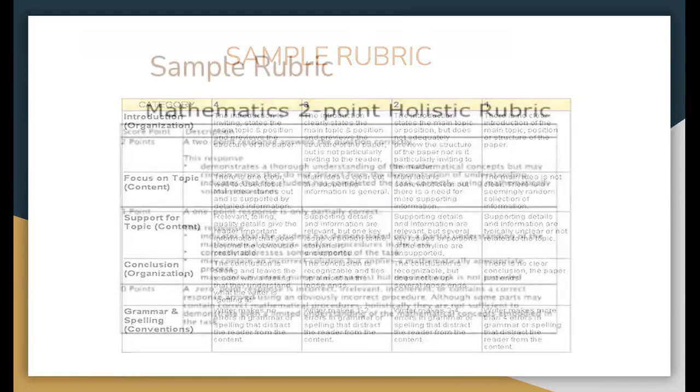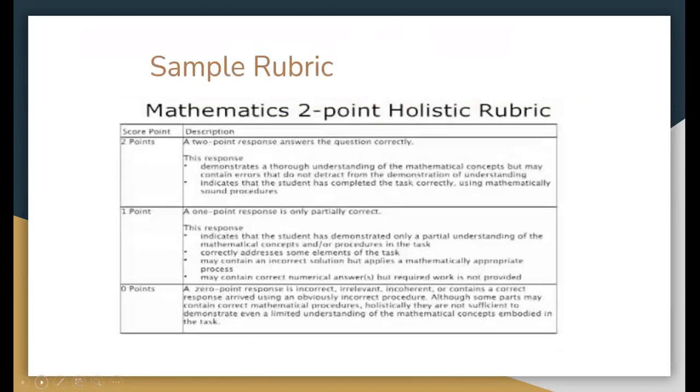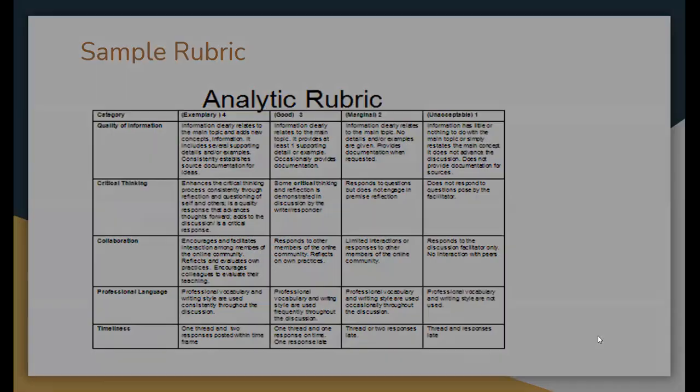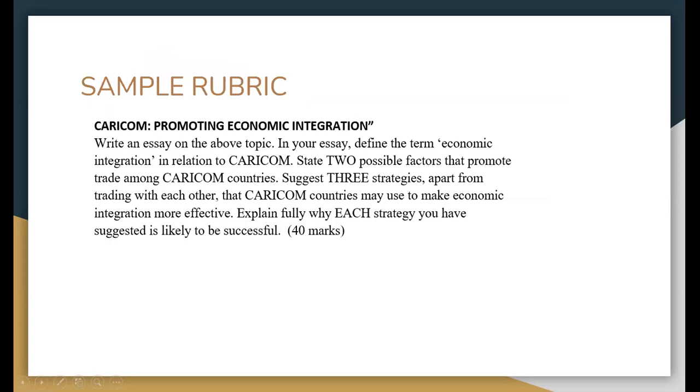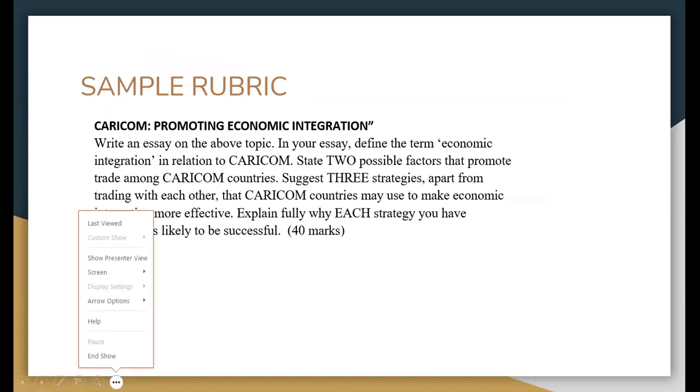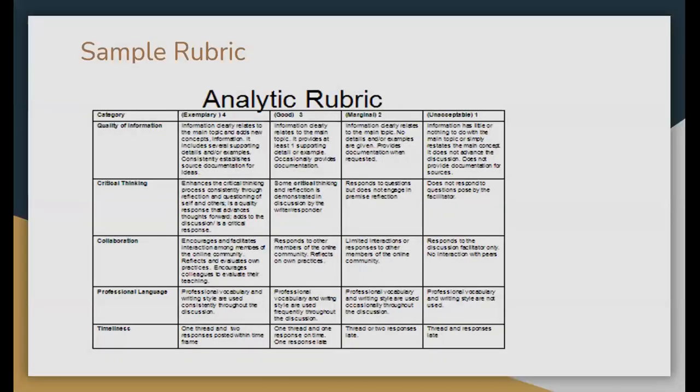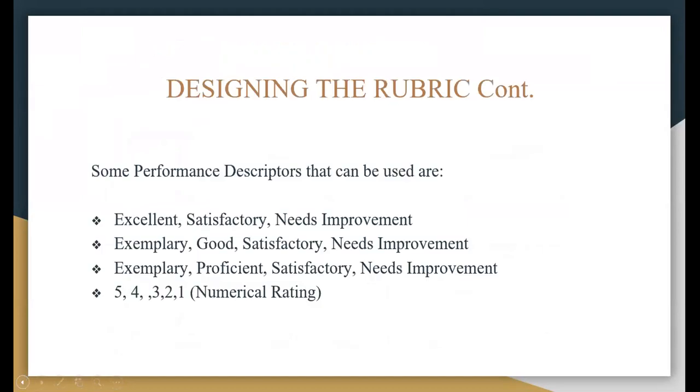So that's the difference between analytic rubric and holistic rubric. The word rubric really tends to go with some kind of descriptive rating, where they use the word exemplary or good and inadequate. Usually that is more aligned with what is called a rubric.